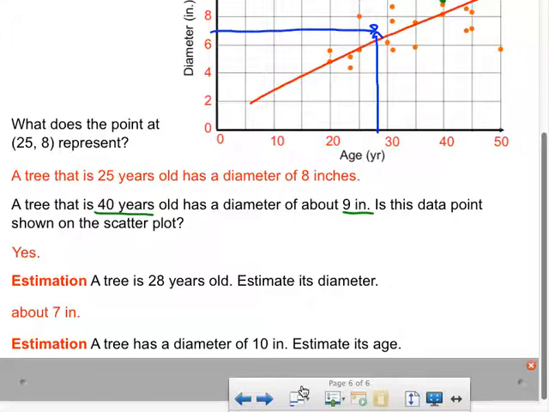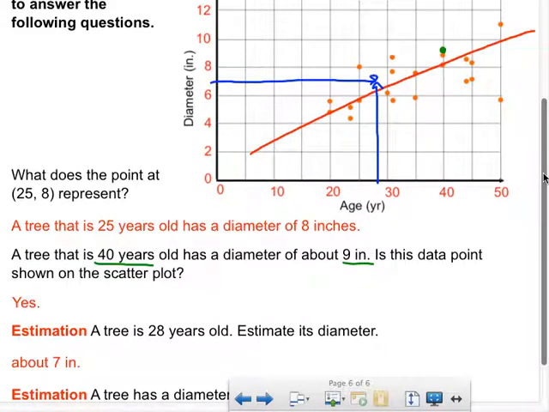You can figure it out by measuring the diameter and using this chart. So, what would the age of the tree be with a diameter of 10 inches? Here's 10, going across. What do you think that is about?